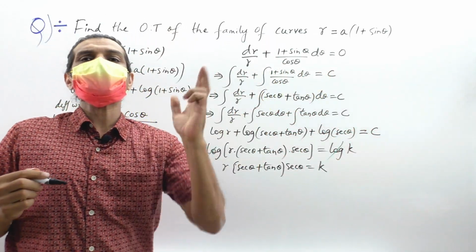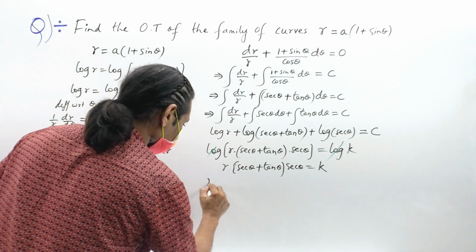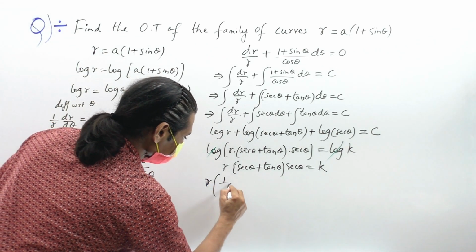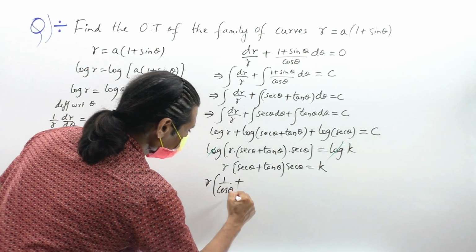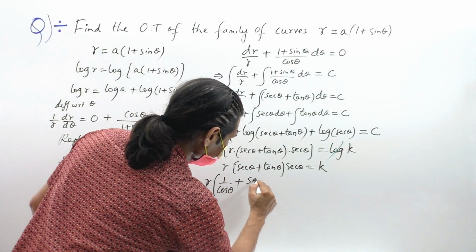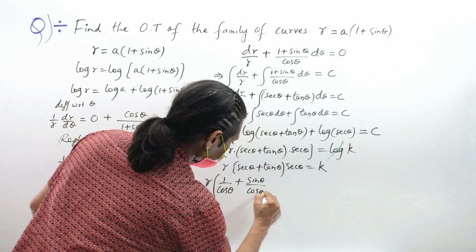Make use of trigonometry basics. So we have r into, what is secant theta? Secant theta is written as 1 by cos theta, because I want the answer in the sin and cos form. Tan theta is sin theta by cos theta.